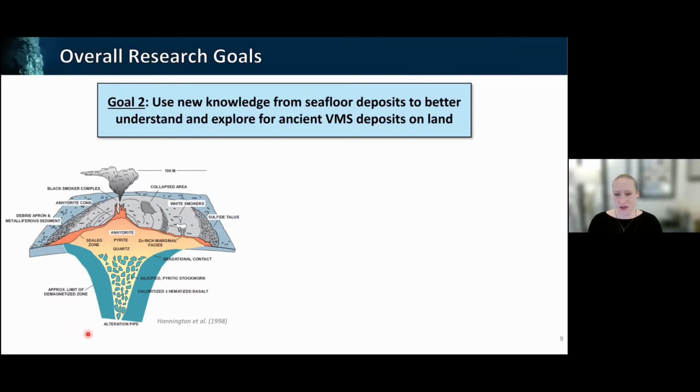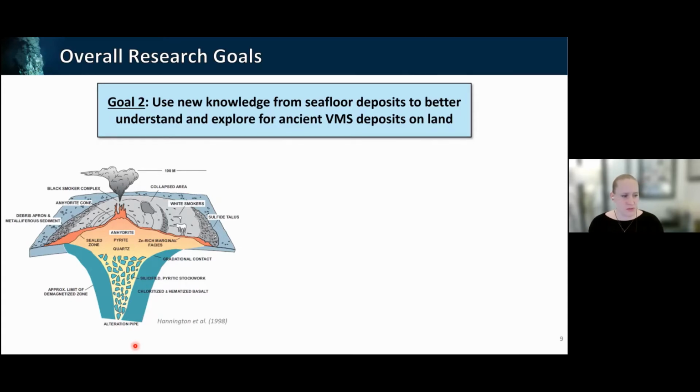If you ever go to any industry talk on VMS deposits, they're going to make the comparison to TAG. However, TAG forms along a mid-ocean ridge, and mid-ocean ridges are not preserved in the geologic record. So it's not a very good comparison for most ancient deposits.